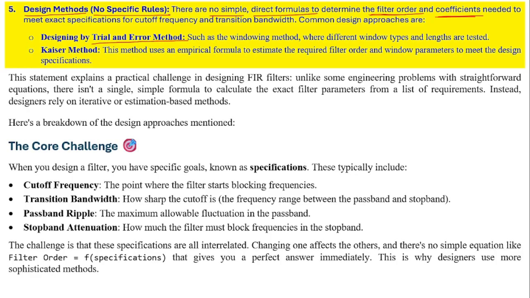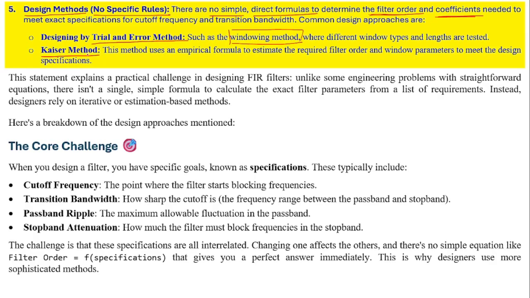The second method is the Kaiser method. If you see the design by the trial and error method, here we are using one windowing method, and this window is selected by trial and error.